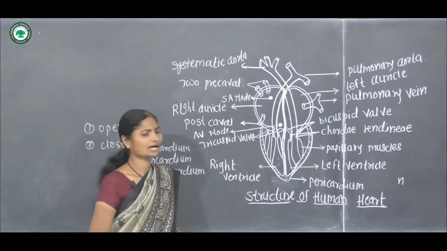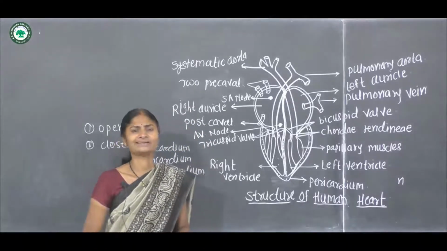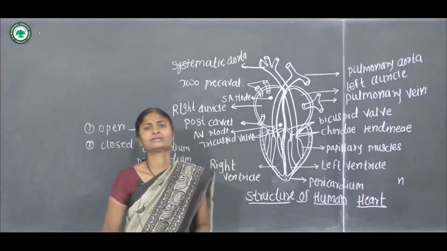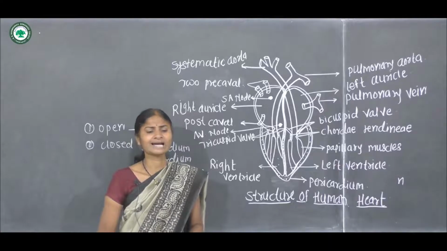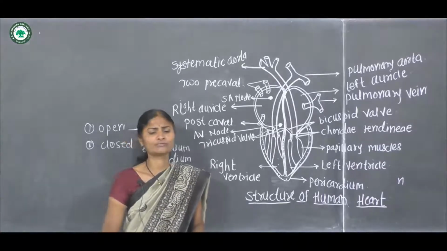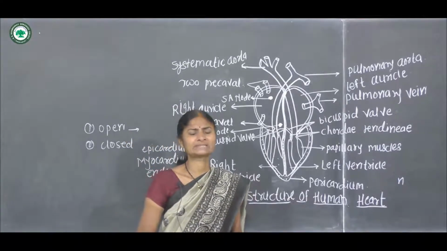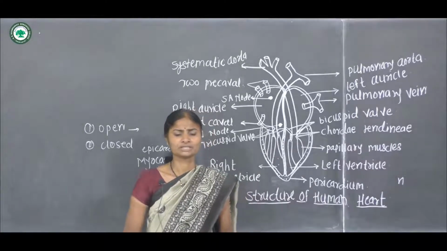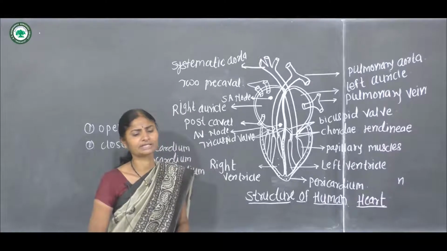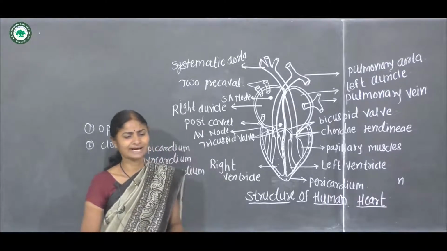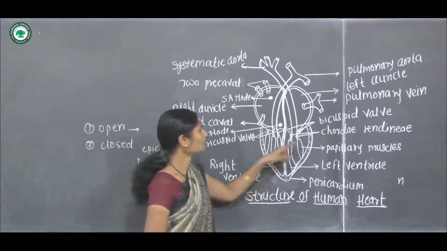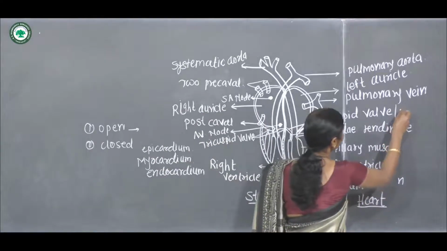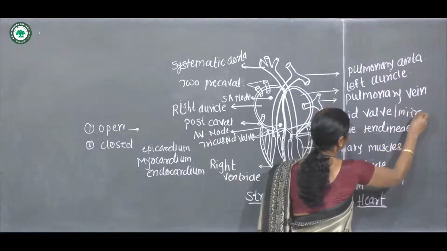Valves of the heart. Pumps need a set of valves to keep the fluid flowing in one direction. The heart contains three types of valves: bicuspid valves, tricuspid valves, and semilunar valves. The left auriculoventricular aperture is guarded by the bicuspid valve, also called the mitral valve.